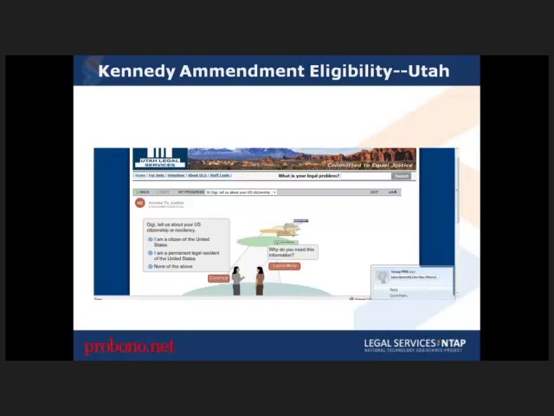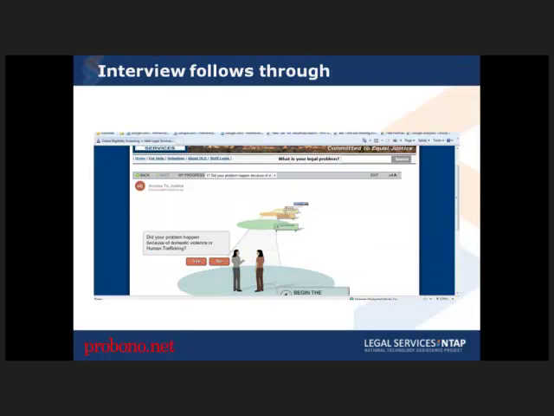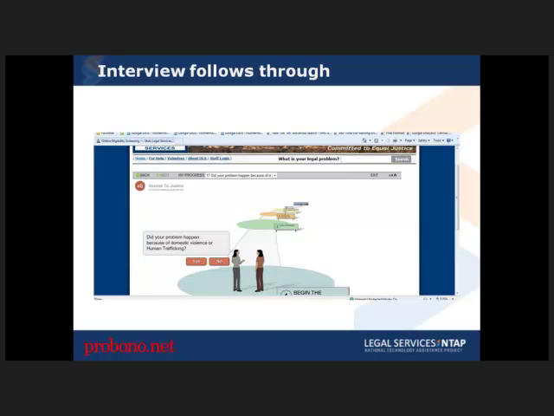And then of course the next screen shows if they say that they're none of the above, it asks if their problem is a result of domestic violence or human trafficking, which handles the Kennedy Amendment exception for legal services programs. So if they say they're not a citizen of the United States or a legal permanent resident, but they say that their problem is because of domestic violence or human trafficking, it allows that case to go on rather than reject them. If they said no at this point because they're not a citizen or a permanent resident, the interview would reject them.